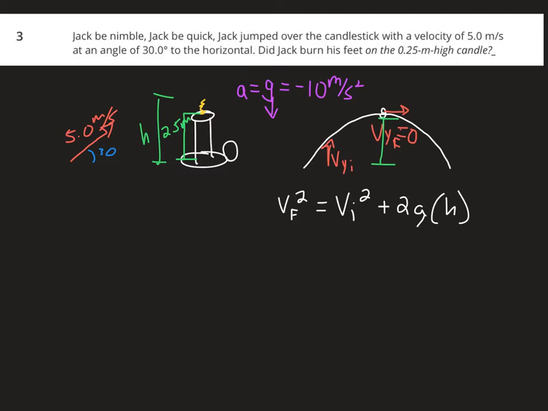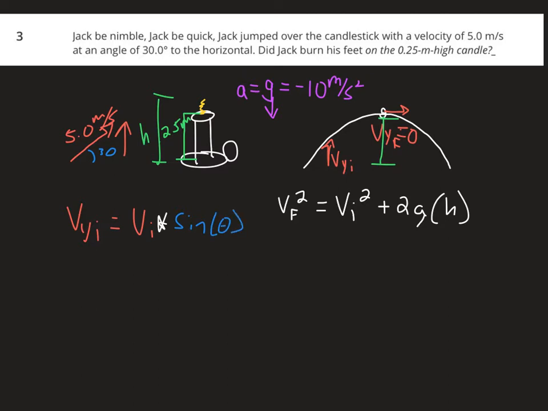And so now I can actually solve some of this stuff. Well, to solve for my initial velocity, I actually need to use the equation that velocity y initial is equal to the initial velocity, which is my 5, times the sine of my theta, because that's going to give me the up and down, the opposite.